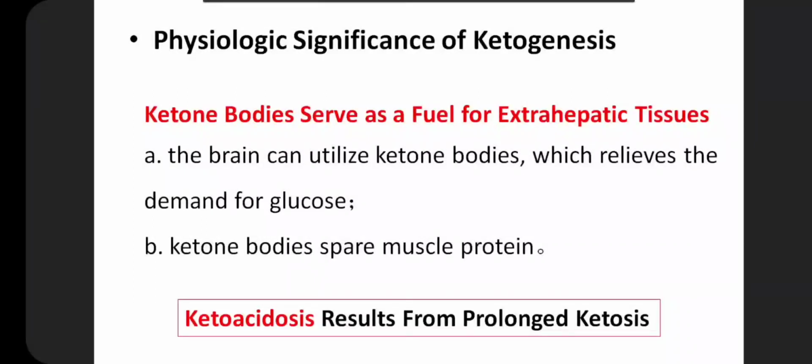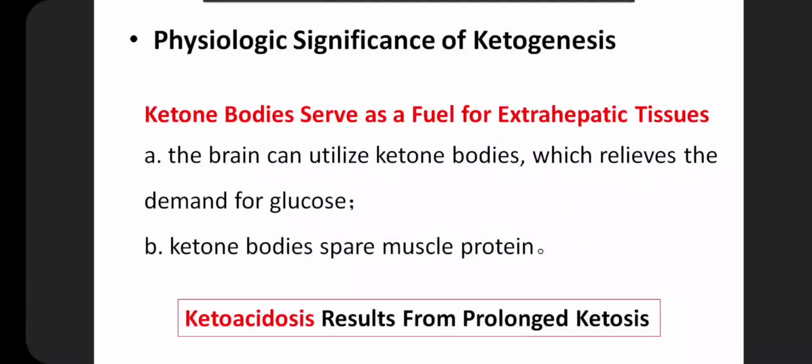During starvation, at this time, the glucose supply is limited, right? So the brain can utilize the ketone bodies as energy, and the ketone bodies can relieve the demand for glucose. And in prolonged starvation, up to 40% of energy in the brain is generated from the ketone bodies. So the ketone bodies are very important for the brain, especially in starvation conditions.